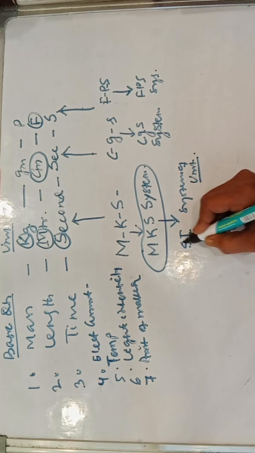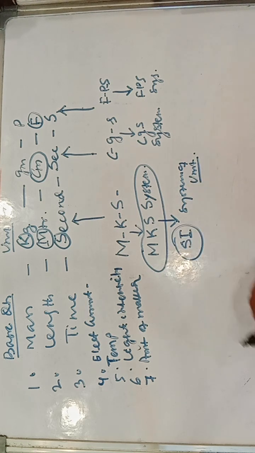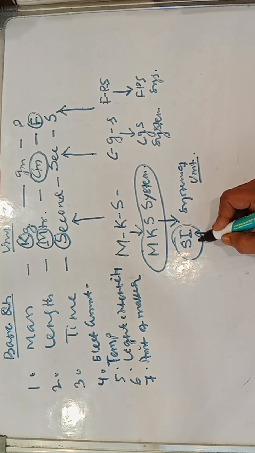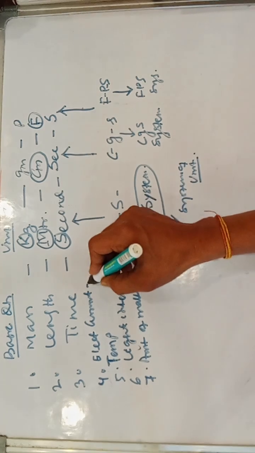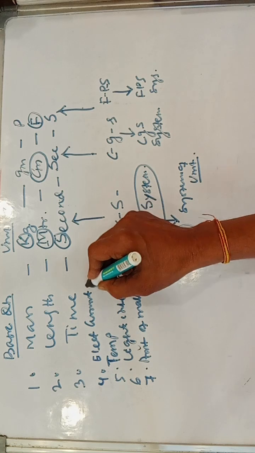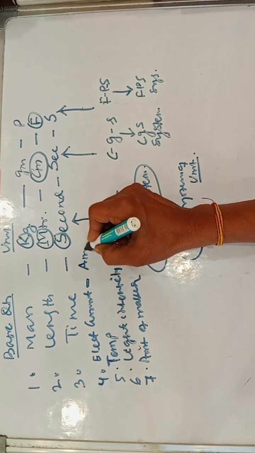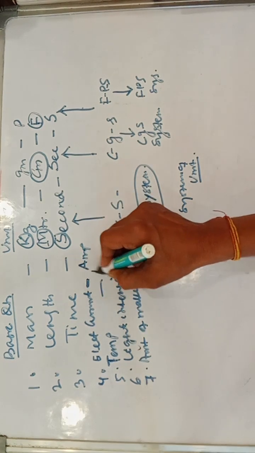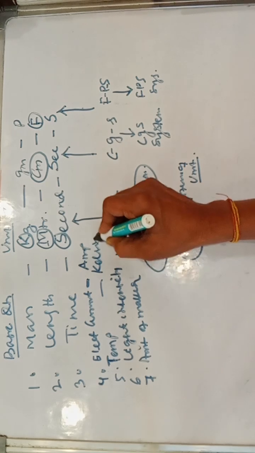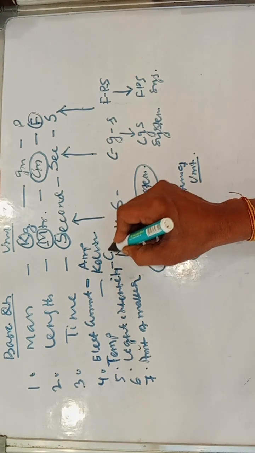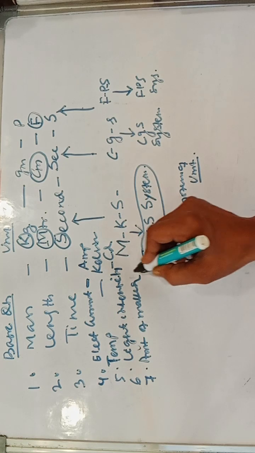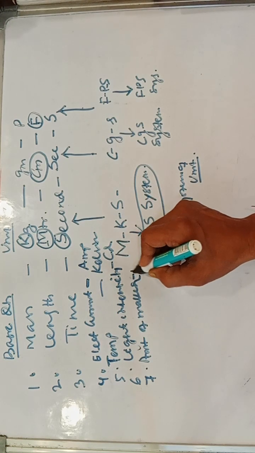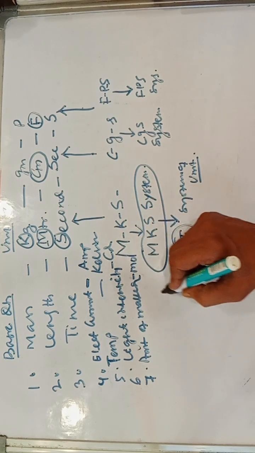International System of Units, SI. In this, electric current unit is ampere, temperature unit is Kelvin, light intensity unit is candela, and amount of matter unit is mole.